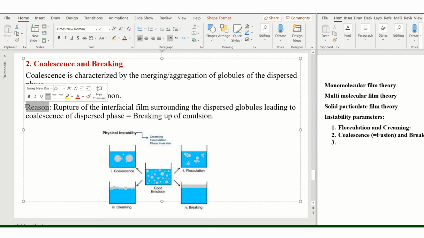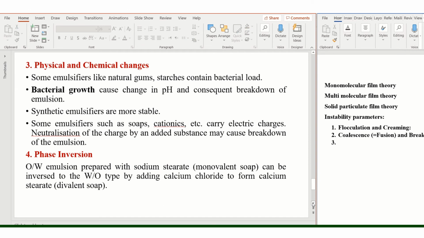Thus, the emulsion is completely broken. That is an irreversible phenomenon, and it leads to complete instability. That's another reason.